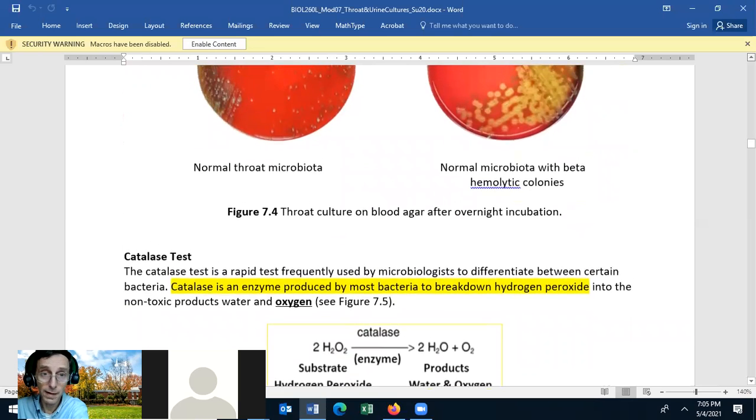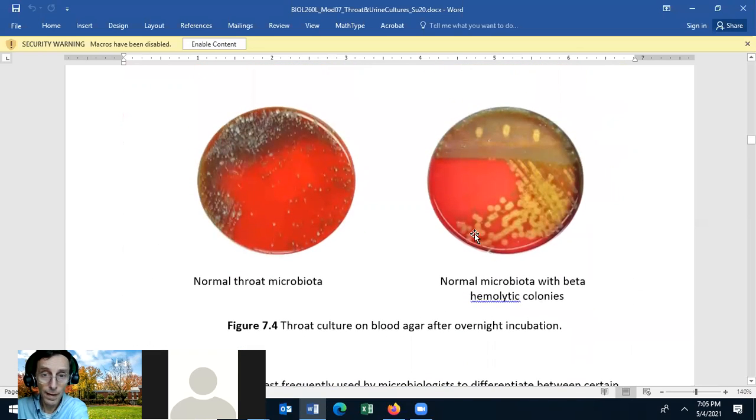This is showing you blood agar, and you notice how the bacteria, which is right there, is surrounded by hemolysis. This whole region is white. This is a normal throat microbiota, and this is hemolytic bacteria in the throat of the patient.